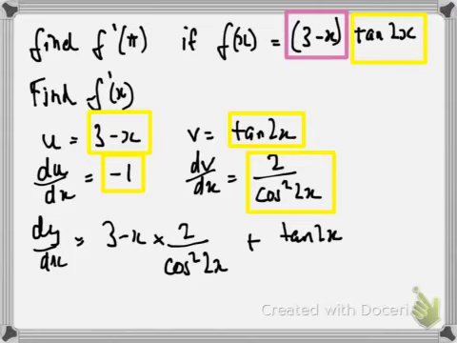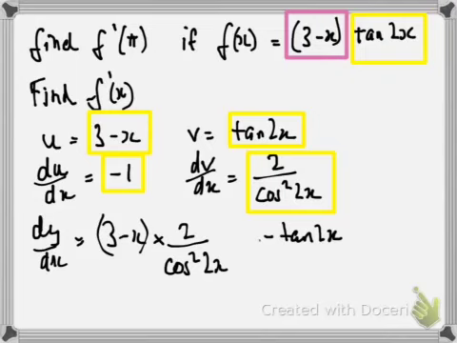So we're multiplying tan 2x by negative 1. All that happens here is we get a negative out the front of that. In fact, plus negative is a negative. So I'm now down to this. Might be a good idea to bracket the 3 minus x. And let's look at what we've got.